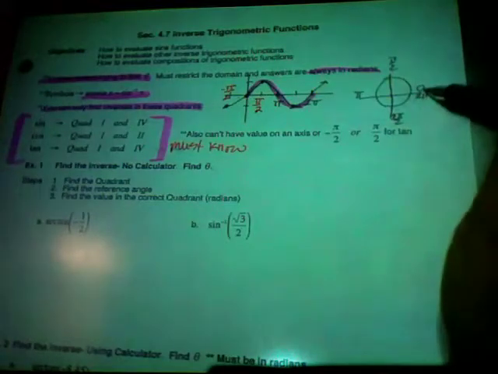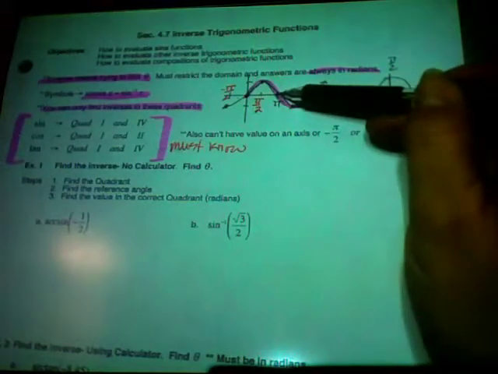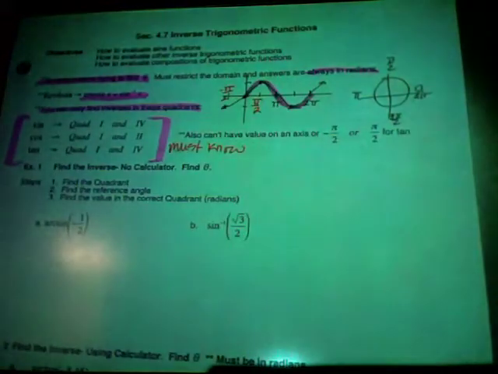What's the ordered pair at 0 degrees? 1, 0, right? And isn't y 0? That's why at 0 degrees, the sine is at 0. At pi over 2, the y value of that ordered pair is 1. At pi, the y value of that ordered pair is 0. And at 3 pi over 2, the y value of the ordered pair is -1, and at 2 pi, it's back to 0. So that's how it became unwrapped from here and went into this beautiful little curve, okay?